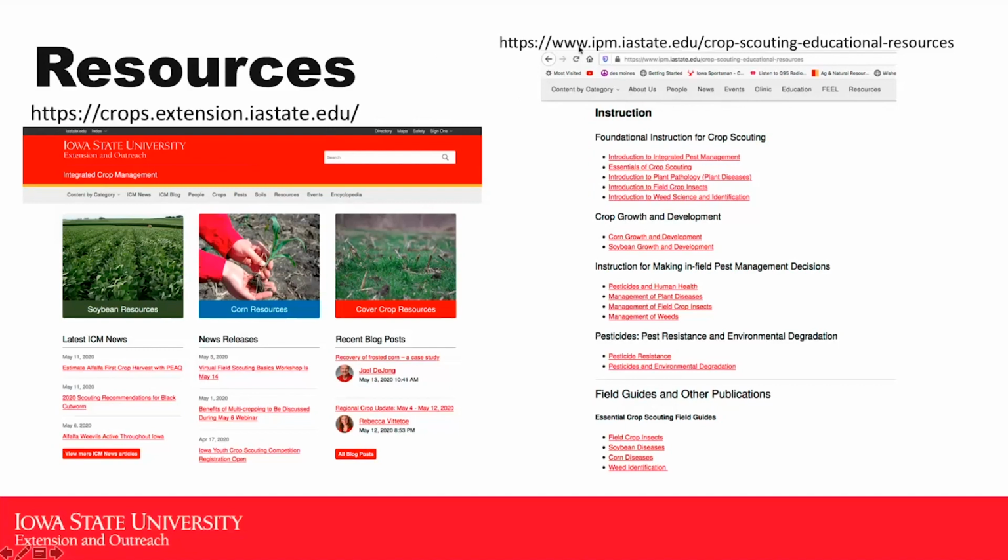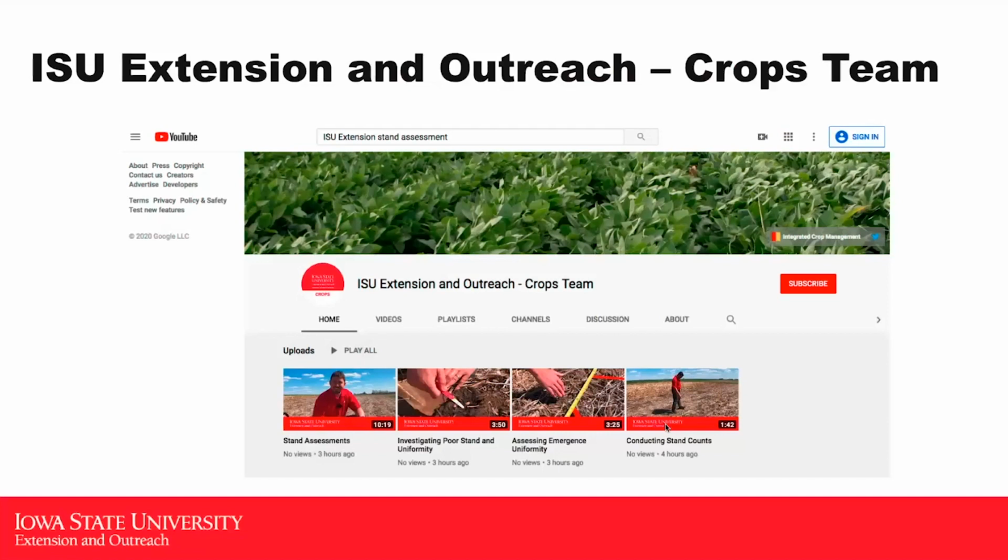Okay. Another question is, how much frost damage is the Extension office seeing this year? That's a good question for Angie. Some of the reports I'm hearing, it's much more prevalent north of Highway 20 here in Iowa.